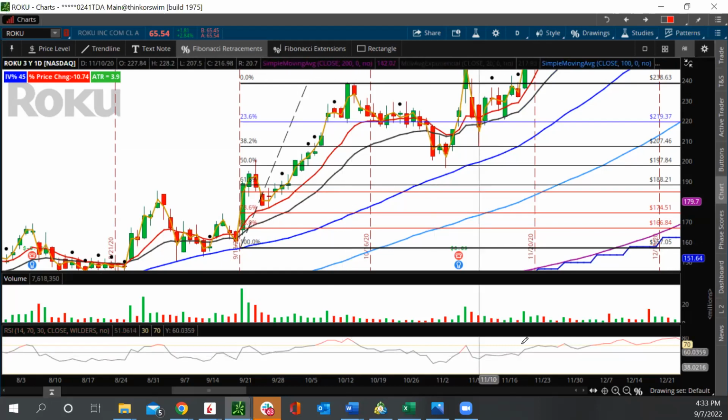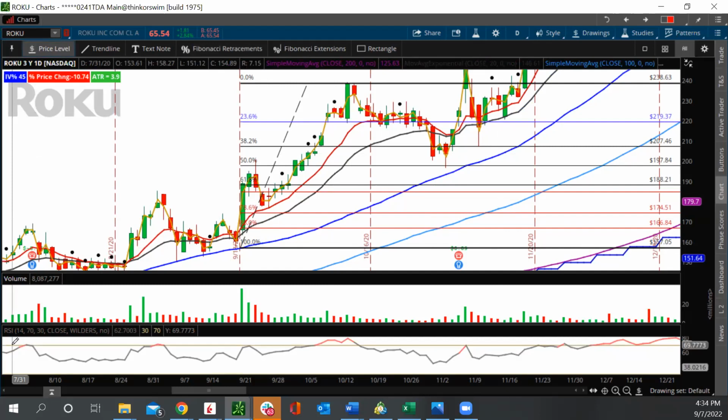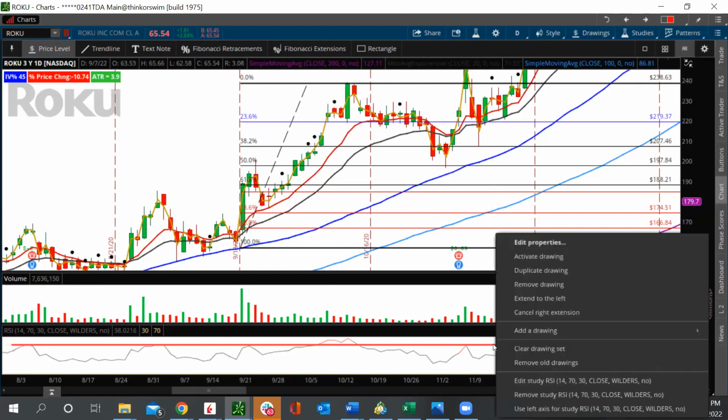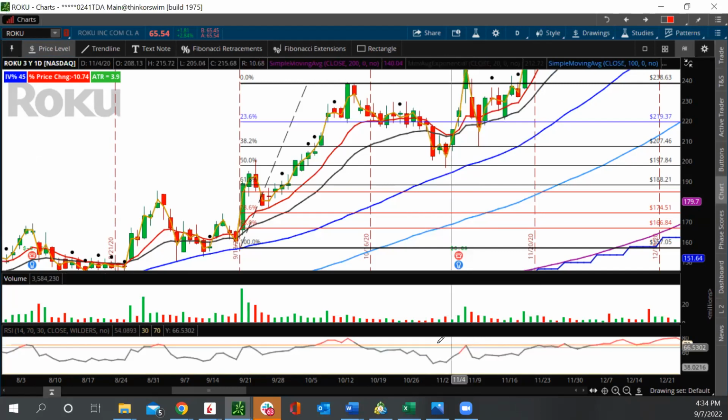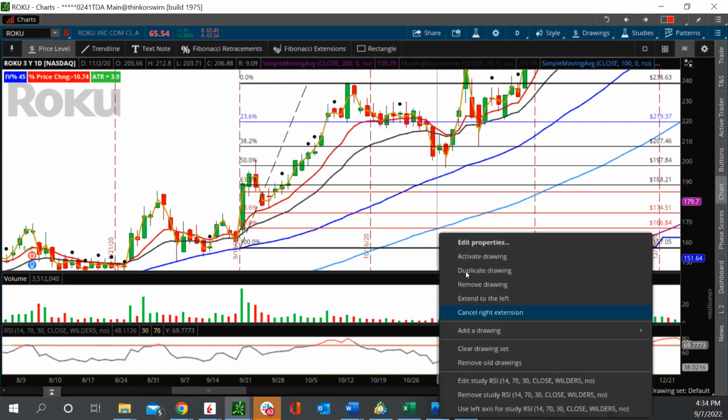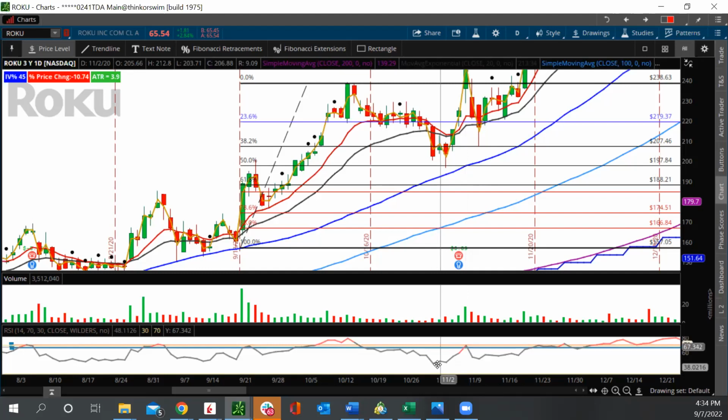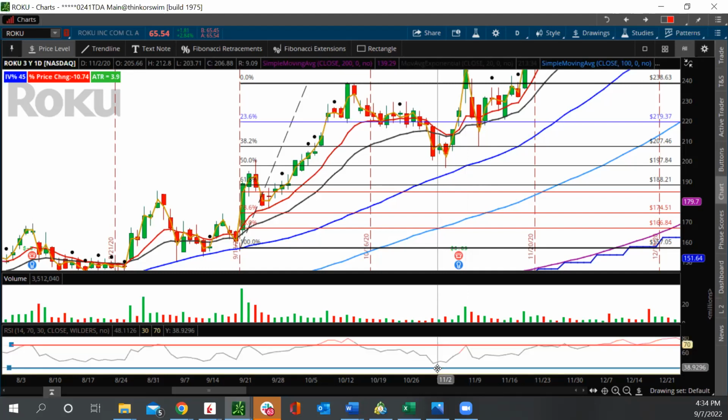RSI, overbought, oversold. The key levels here, and I'll draw a line. It's not going to be exact, but I can probably edit that. This is 70, and that's the overbought level. And oversold is way down here at 30.